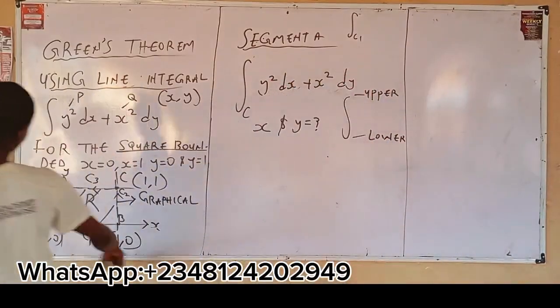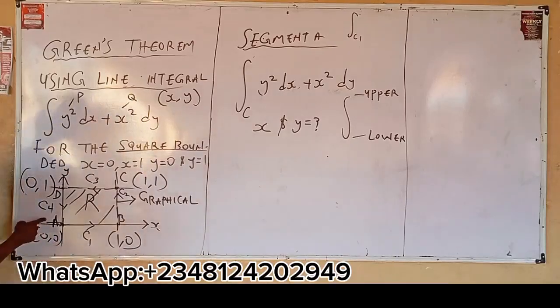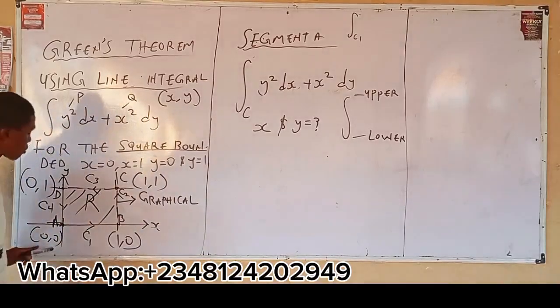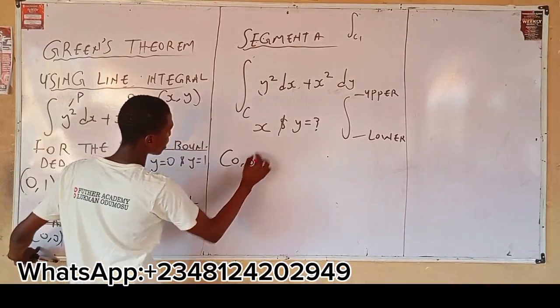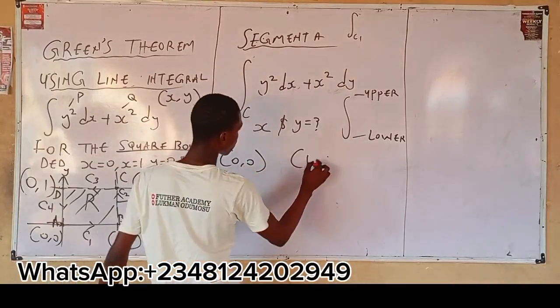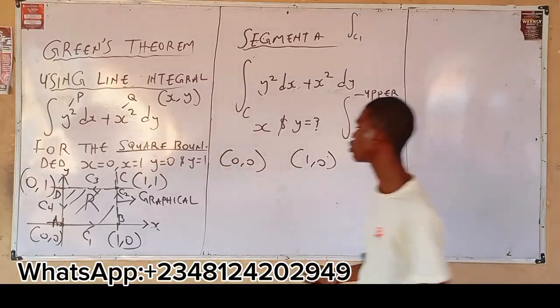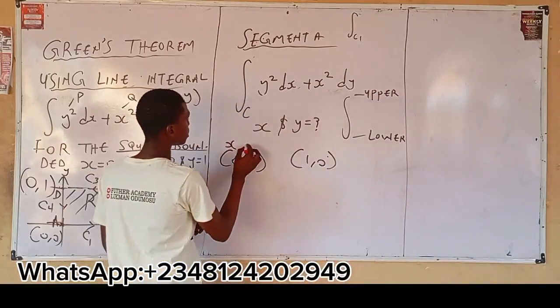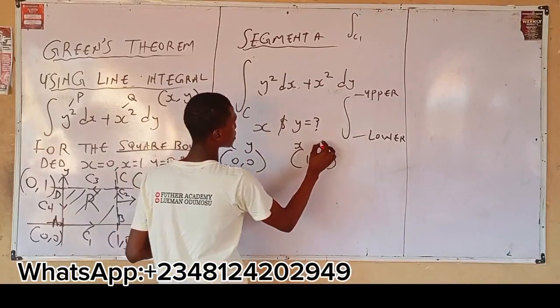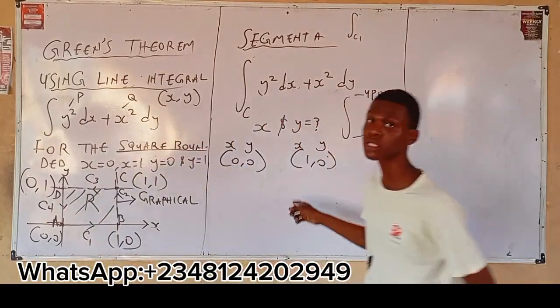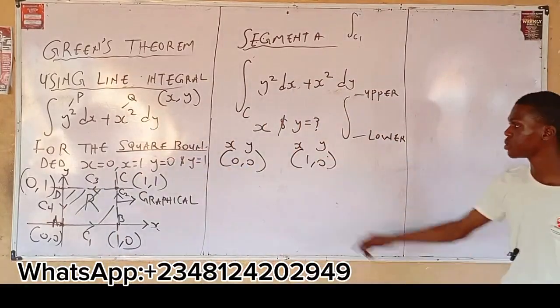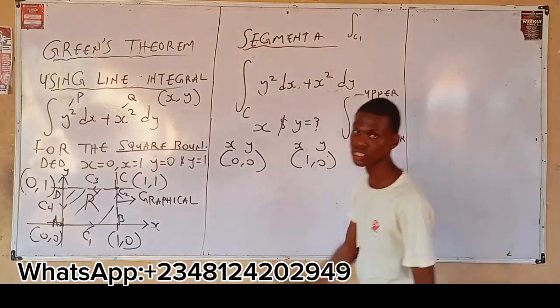Come back to your curve. This is C1. It is from A to B. From A, we have (0, 0), and B is (1, 0). Now, the idea is that you have the x coordinate and the y coordinate. This is x, this is y. I'll be explaining the previous example, so we are still using the same concept.